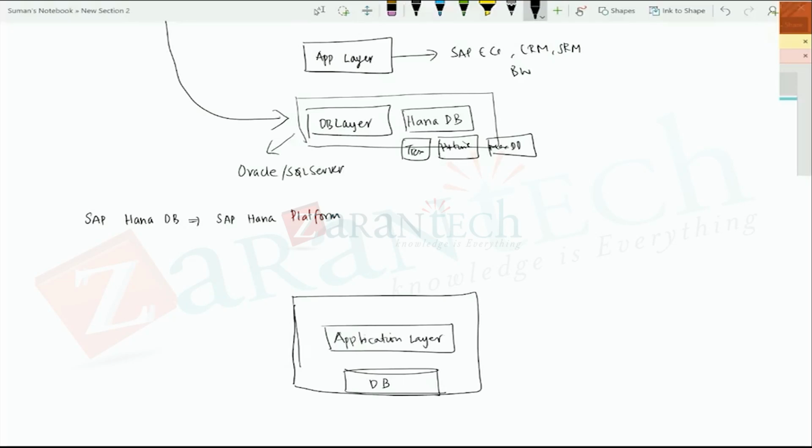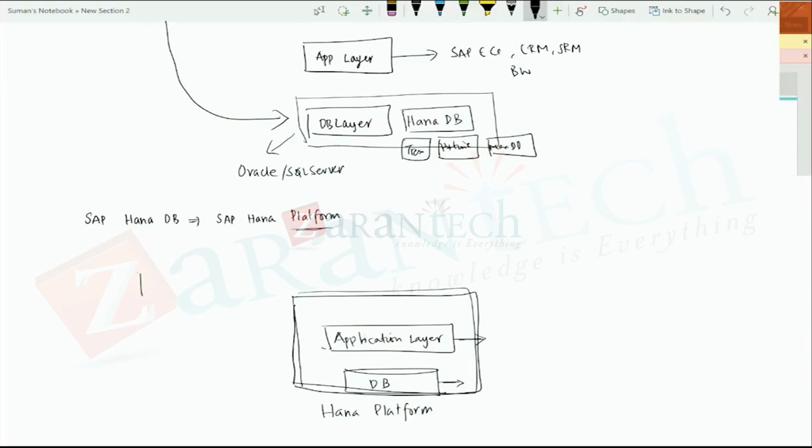So if I look at my HANA platform, this is my HANA platform. My HANA platform now contains the database capability which was originally available, but it also brought in an application layer. And I will explain what this application layer does for us. So the platform now contains both an application layer and a database layer.